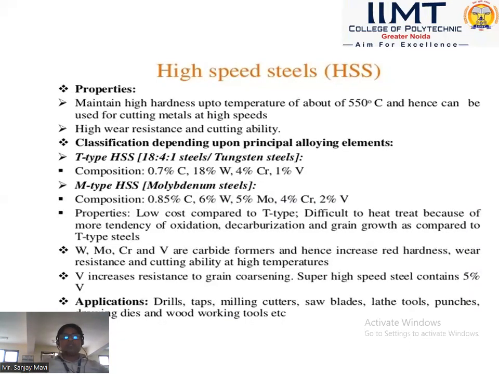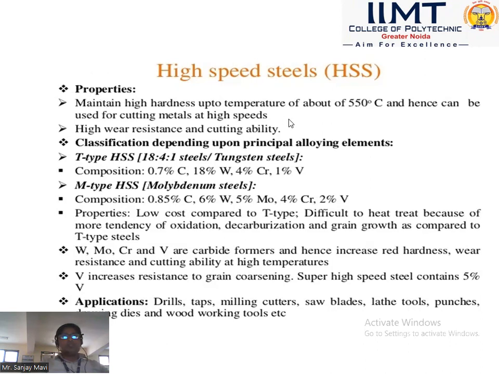High speed steels, HSS. High speed steel cutting tool materials are very frequently used to make cutting tools, because cutting tools of these materials may be used for machining at high temperatures.